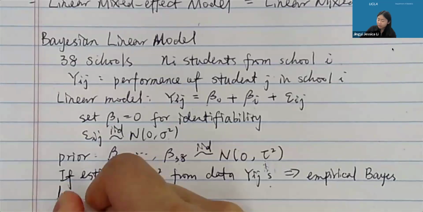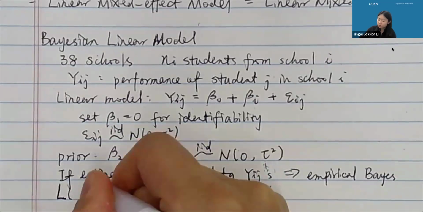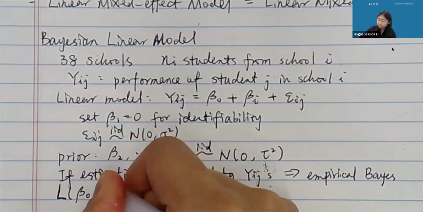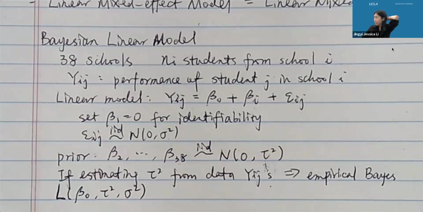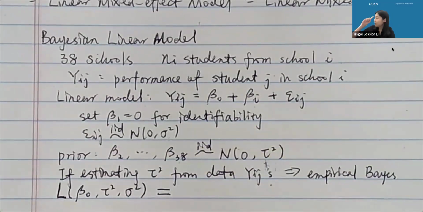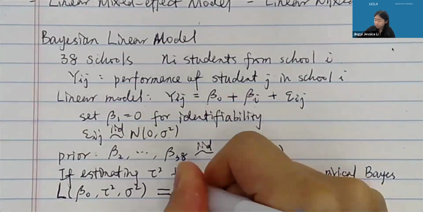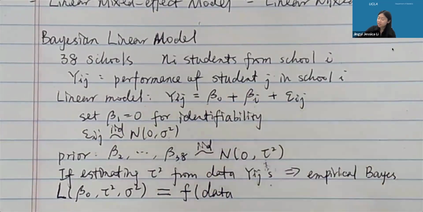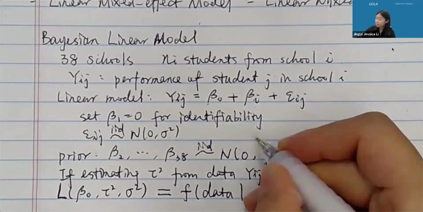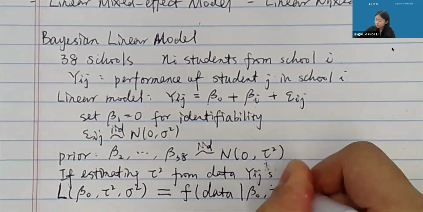If we want to write down a likelihood of those three things to be estimated, essentially it should be the joint distribution, right? That's how we define a likelihood. It should be the joint density function or joint probability mass function of all the data points. So I'll just write it abstractly as the density of data given the three parameters.